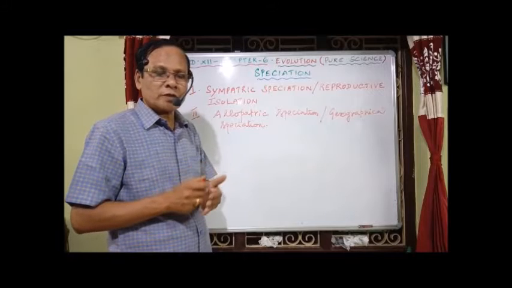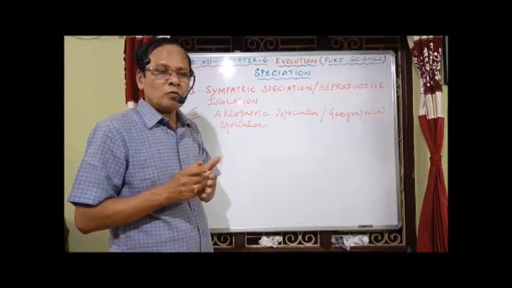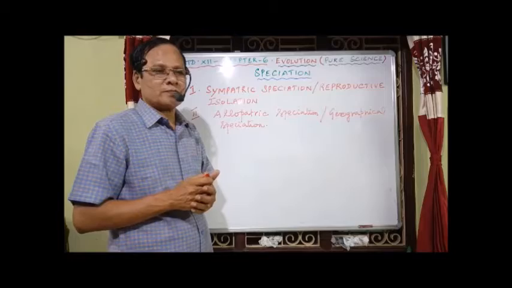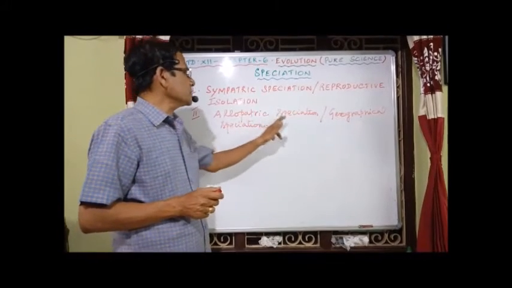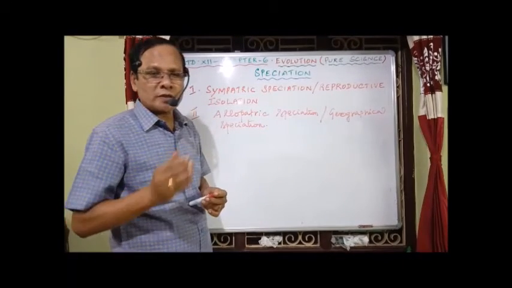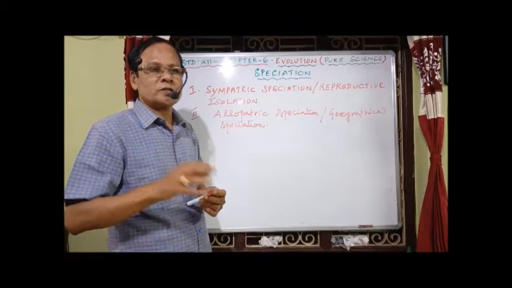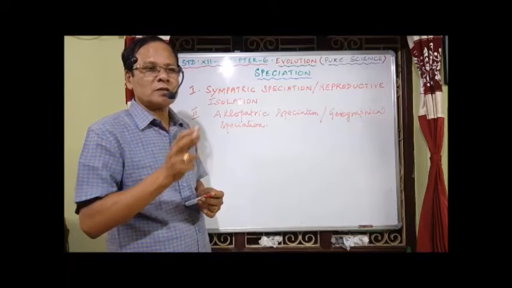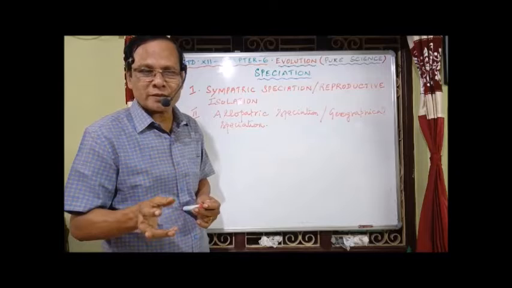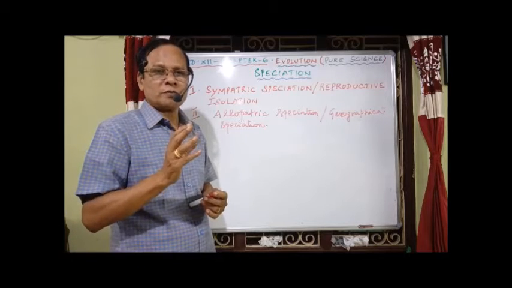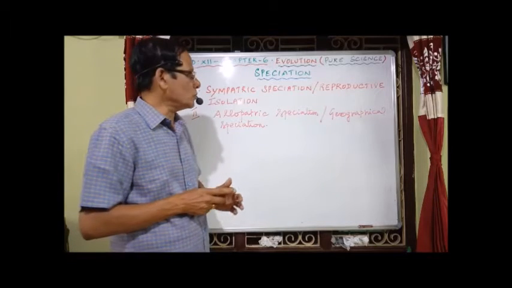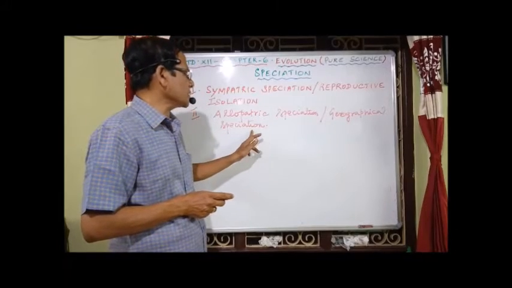As we have a geographical barrier, we then have reproductive isolation. So allopatric speciation resulted because of geographical isolation followed by reproductive isolation.